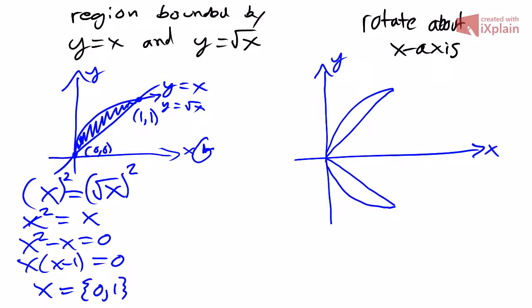Looks kind of like Pac-Man. All right, now we see when we revolve this around the x-axis, this middle part's not filled in. So it looks like a bowl. It's kind of like a bowl shape. So really, if we wanted to, we'd make these dotted lines to kind of emphasize that.